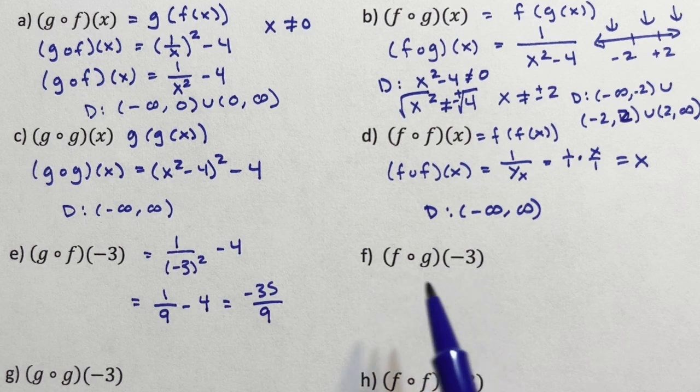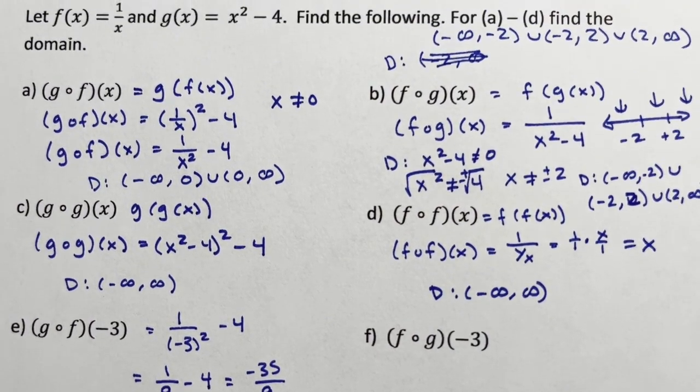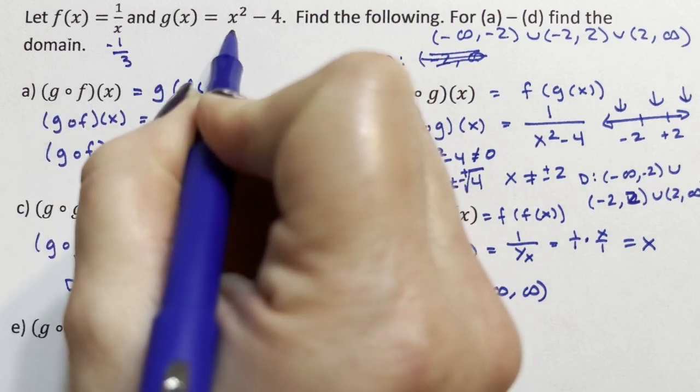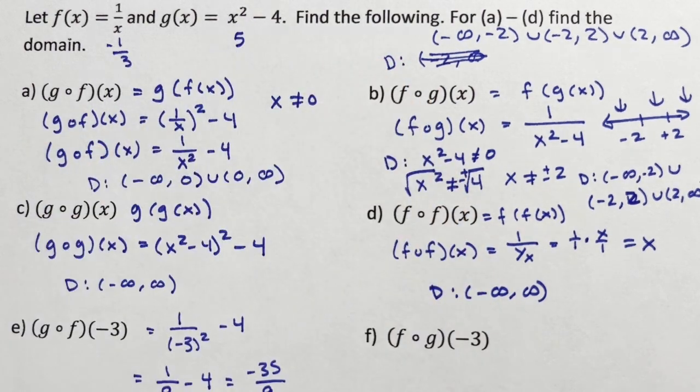For f of g, and I could have started with coming back up here and putting -3 into each of these and having -1/3 and 5 and used those numbers, that would have been fine. However, it would have taken a lot more steps, and I would rather just use the things I've calculated.